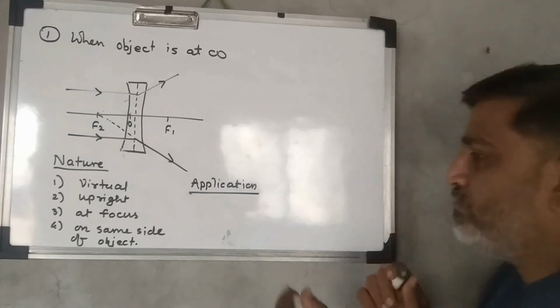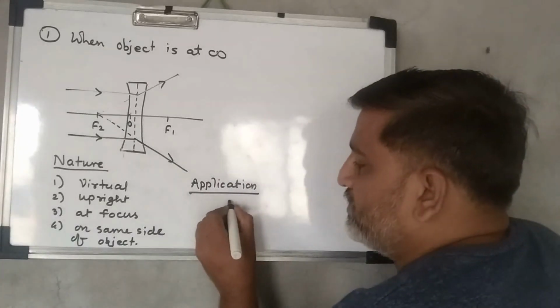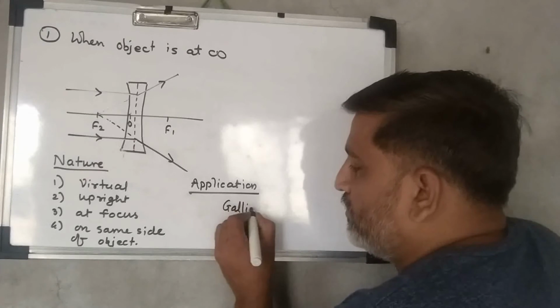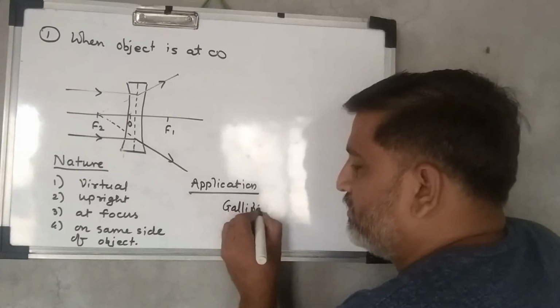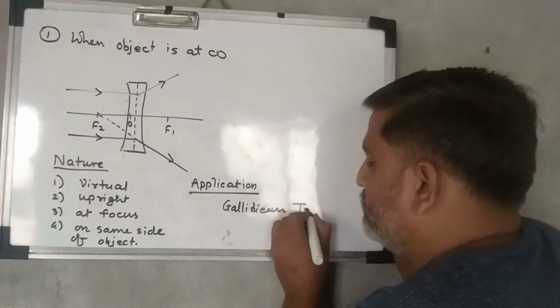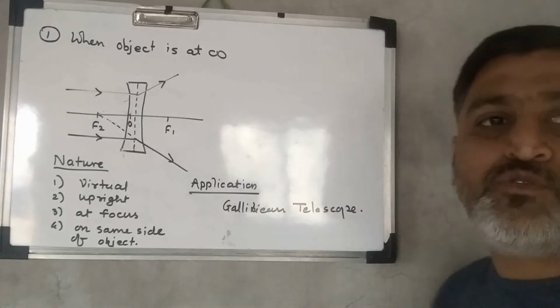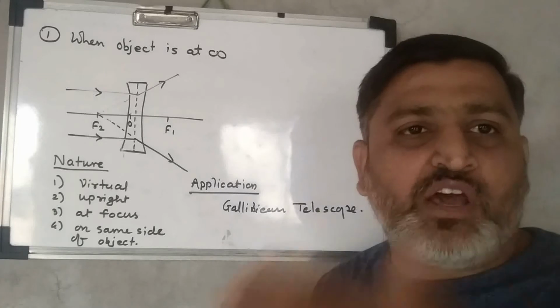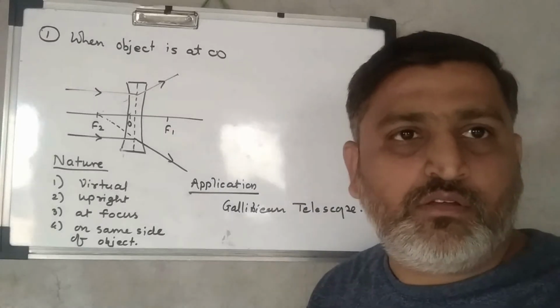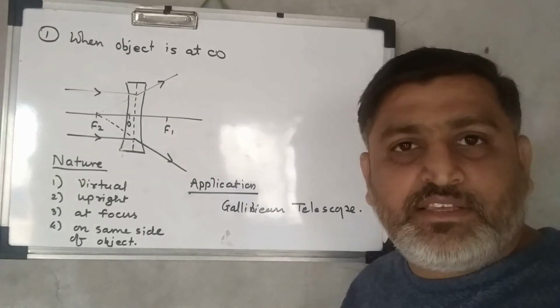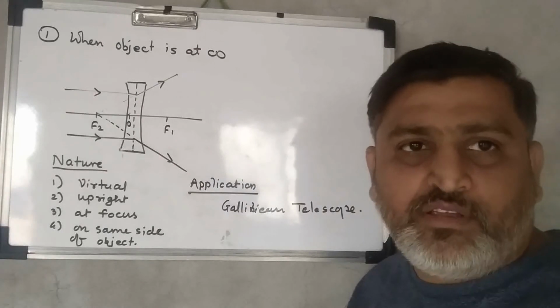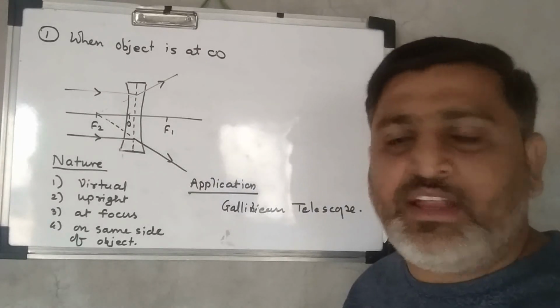So, here we can say this is used in the Galilean telescope, okay. This telescope is used to see objects which are far from the earth, okay.